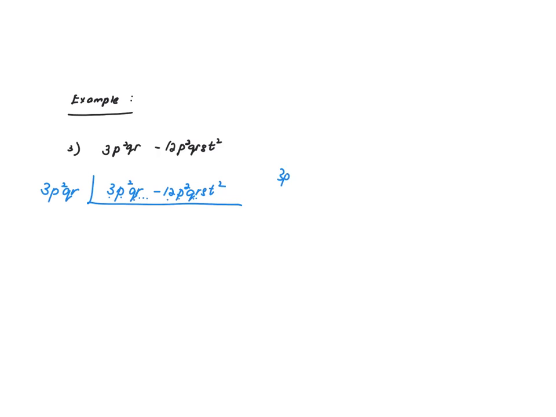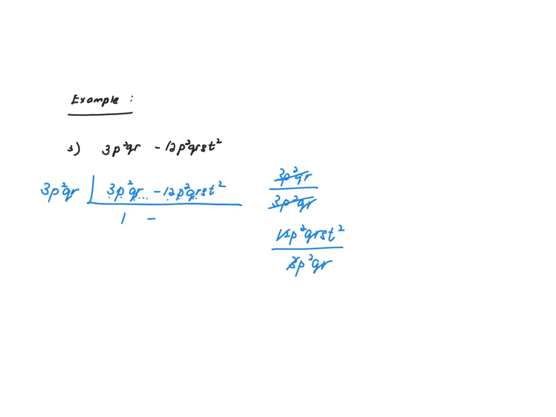So what's remaining now? 3p squared qr divided by 3p squared qr. Again, like I said, it doesn't mean that everything is cancelled, it doesn't mean that it's 0. It simply means it's 1. Now there's a minus in the middle, so that'd be 12p squared qrst squared divided by 3p squared qr.